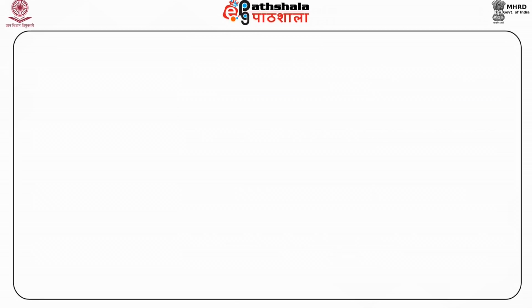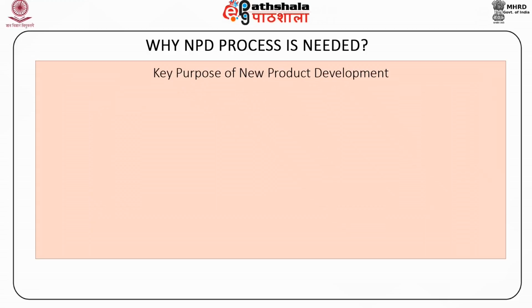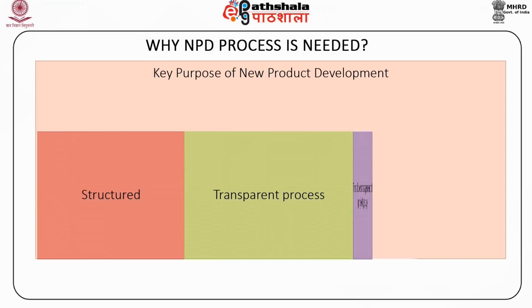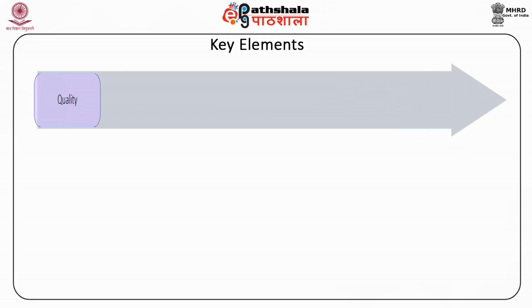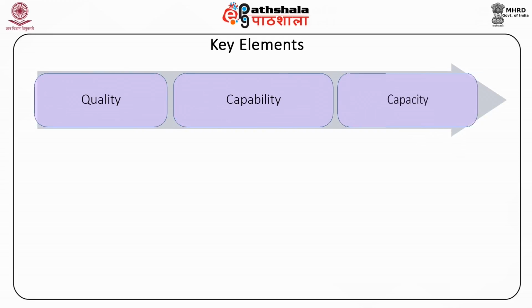Before we move on to the steps of new product development process, let us understand why well-formulated processes are needed. The key purpose of the new product development pipeline is to create a structured, transparent process that allows management of the project group. And the key elements include quality, capability, and capacity.